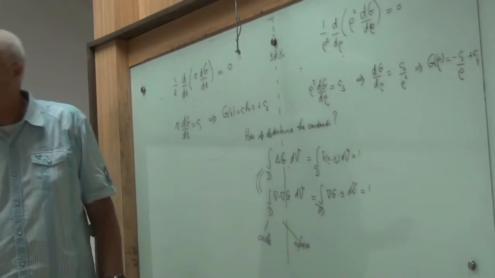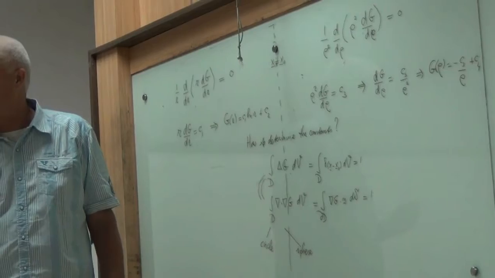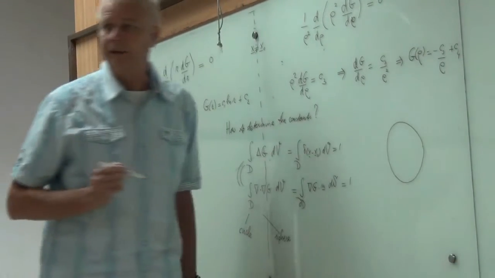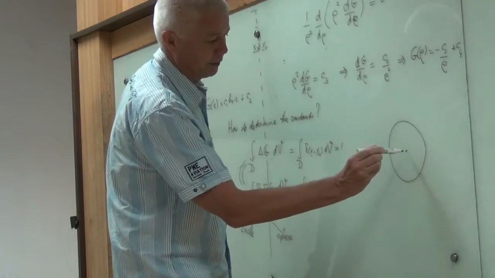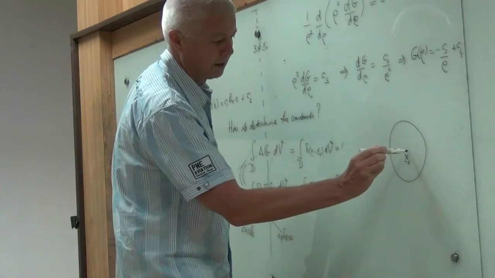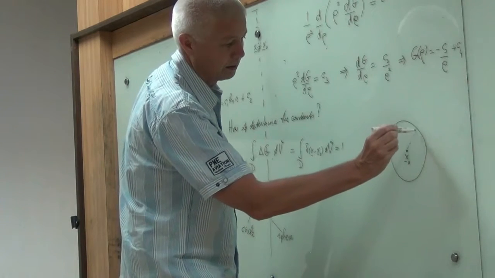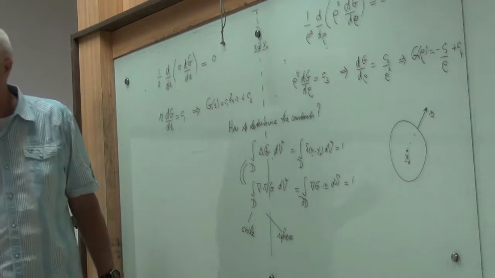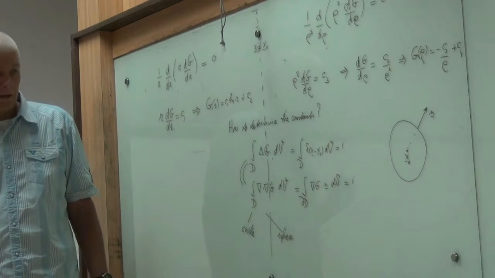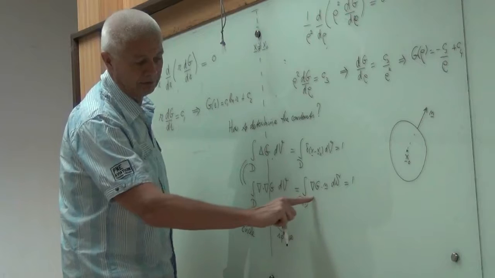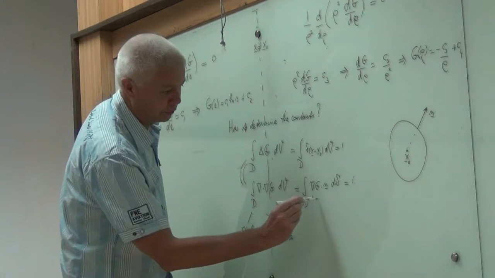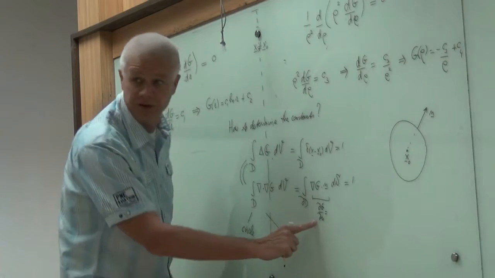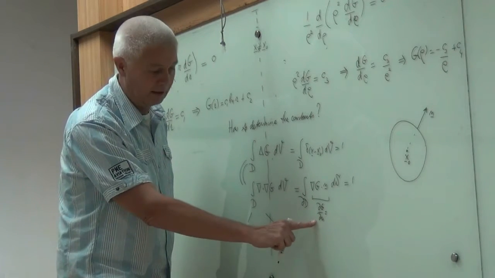What do I know about the directional derivative of g in the direction n? Here I have my point x0. Here I have my normal vector. This is of course dg/dn, the directional derivative of g in the direction n.